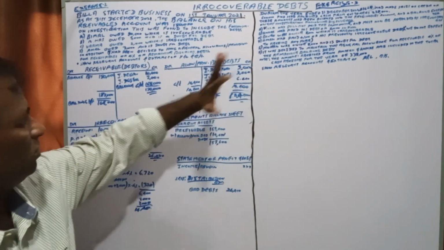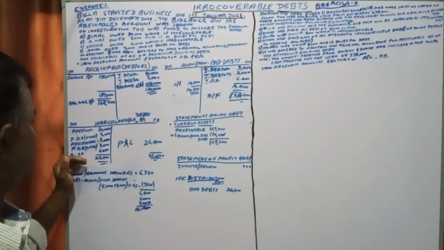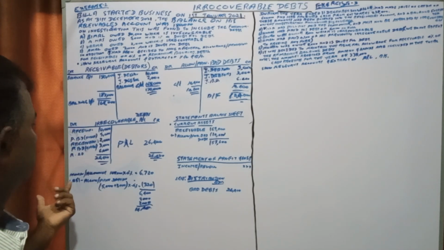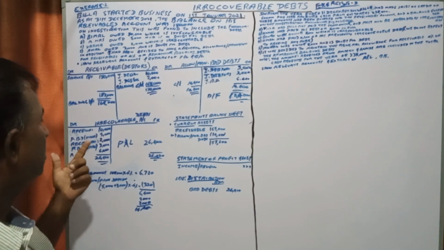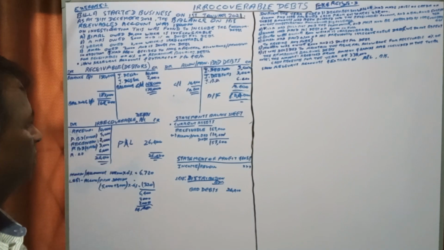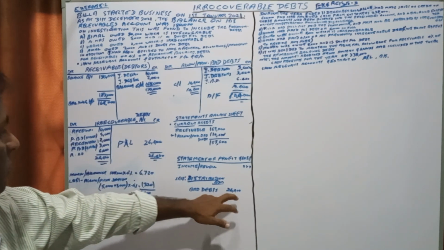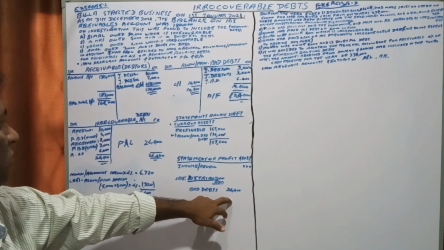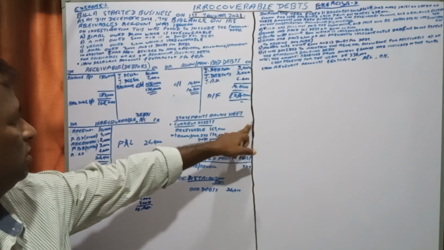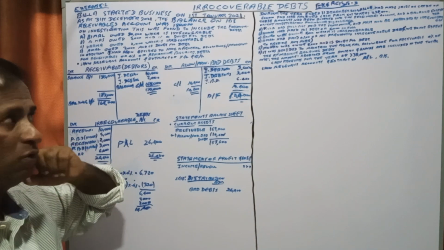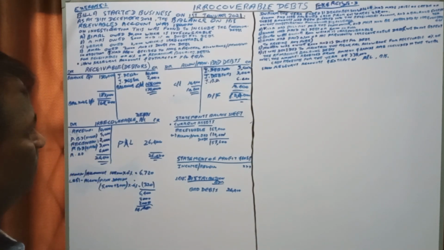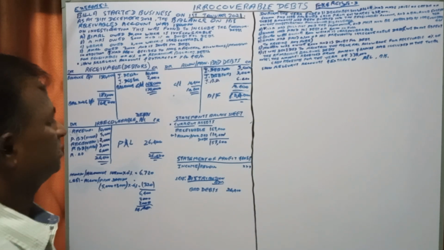We have calculated and made the provision here. This has to be shown under the P&L, debited to P&L. These are shown under the balance sheet. Okay, understood? Shall we move to the next exercise?